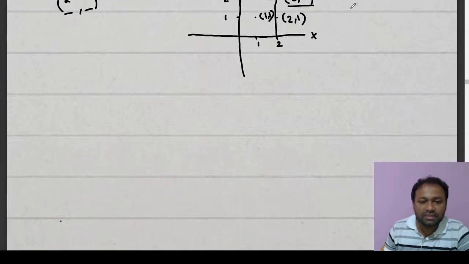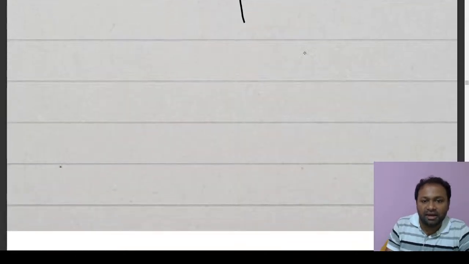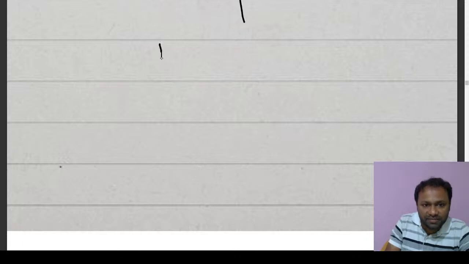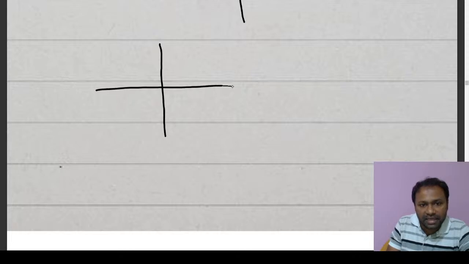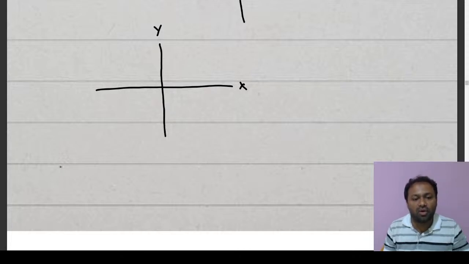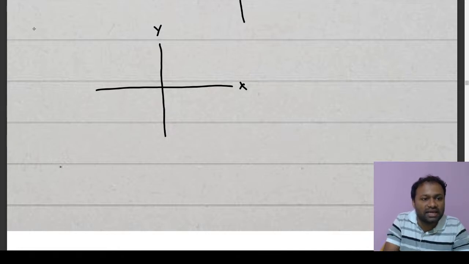Next, this plane divides the space into 4 quadrants. These coordinate axes divide the plane into 4 quadrants.